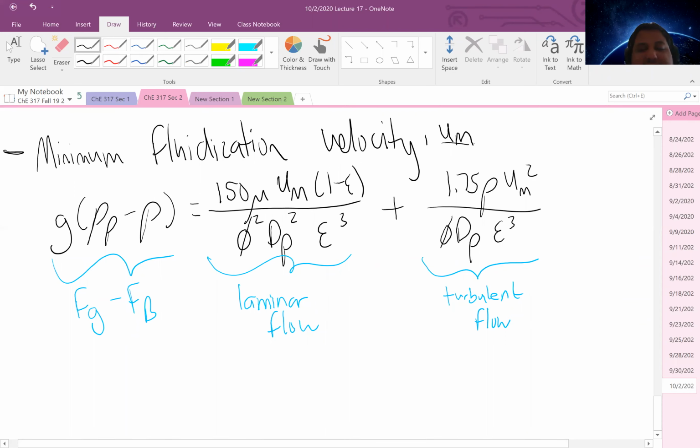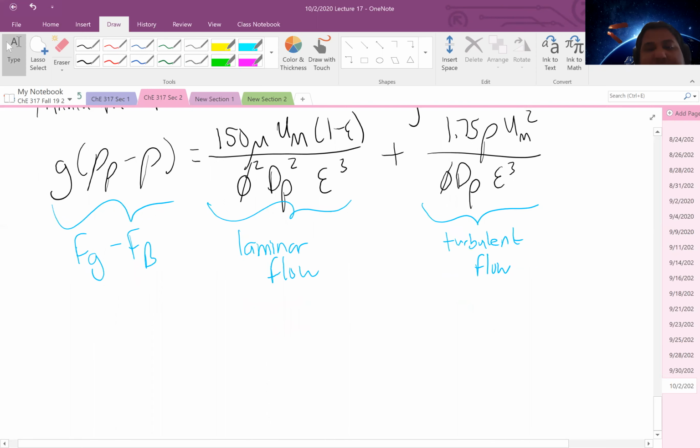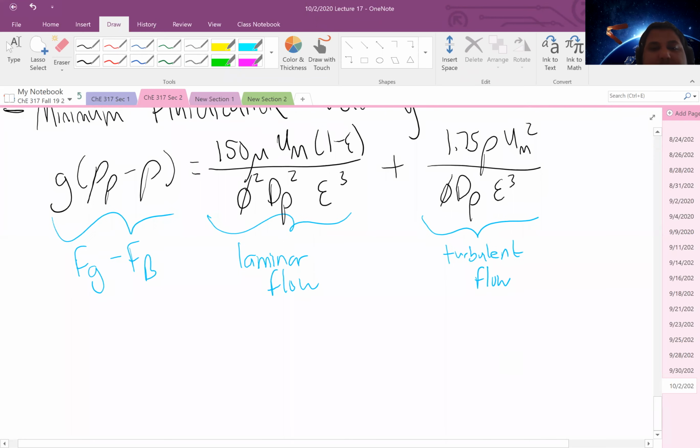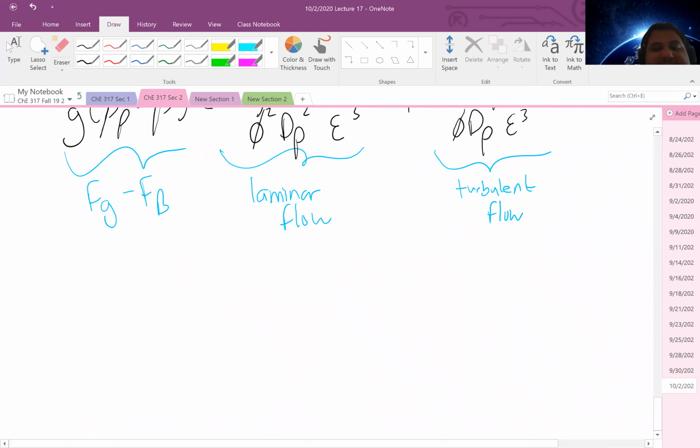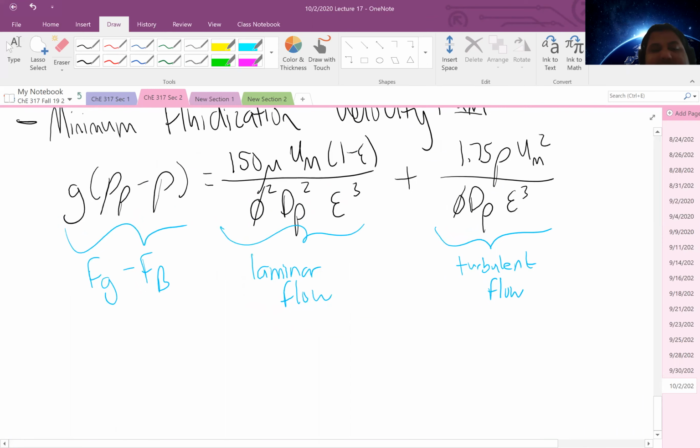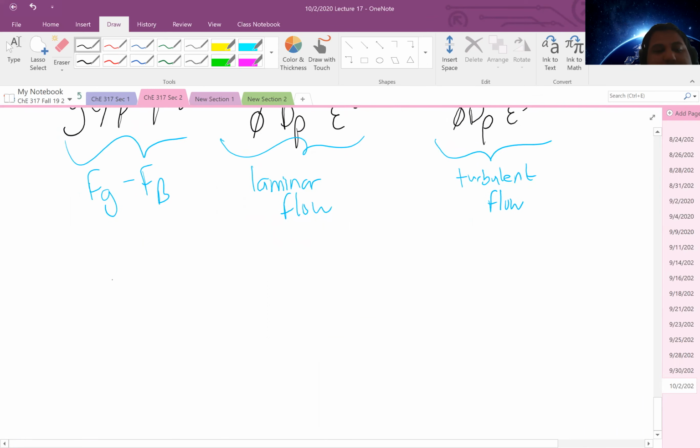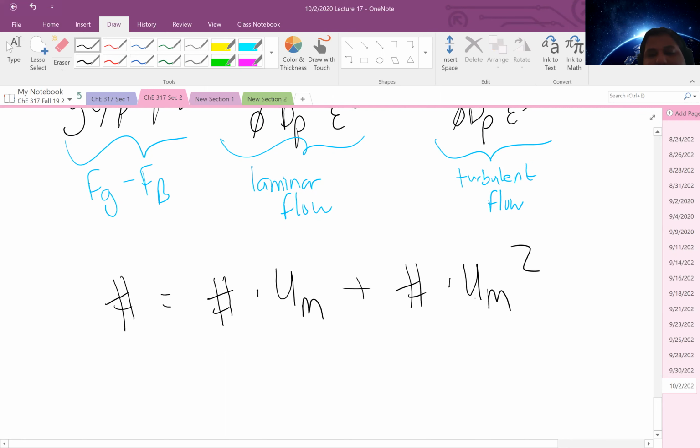And so if I'm interested, for a given packed bed, in identifying the minimum fluidization velocity, I can use this expression here. What we begin to see is that I end up with some number equal to another number times our velocity plus another number times our velocity squared.